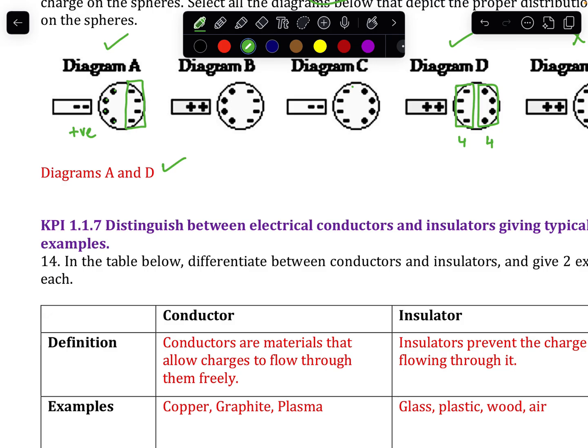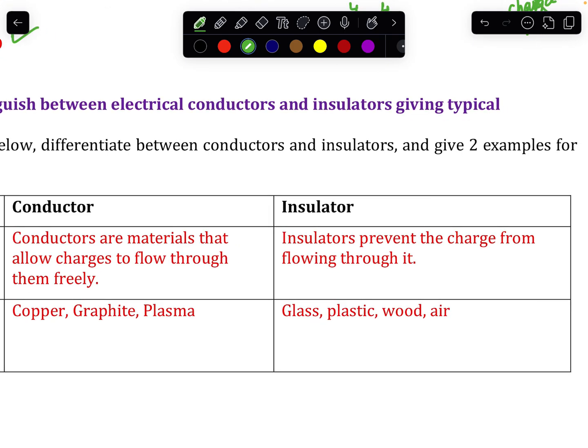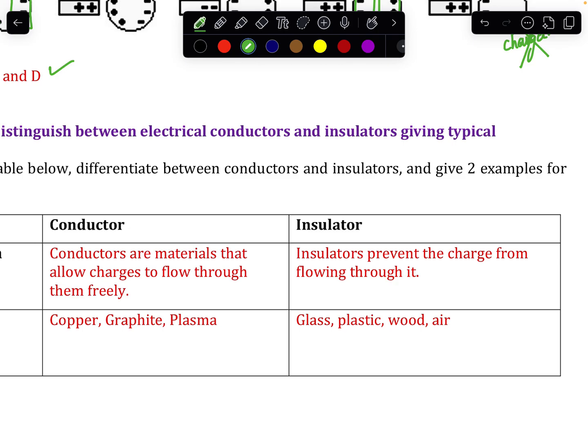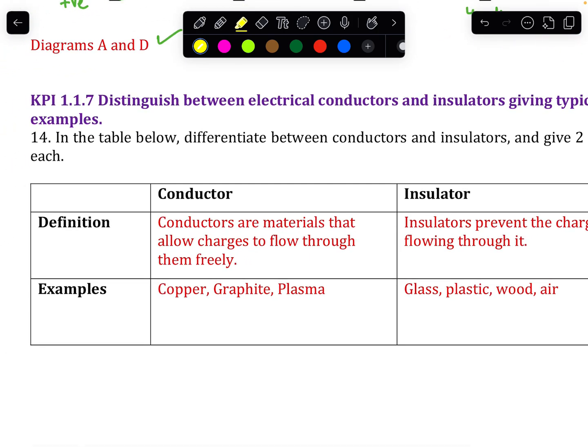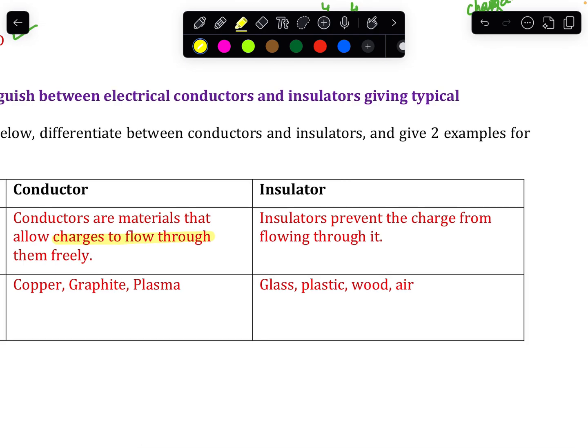Now to differentiate between conductors and insulators and give examples. Examples of conductors are any metal, including, let's say, plasma and graphite. Insulators, to be very simple: plastic, wood, air. The major difference between conductor and insulator is that in a conductor we have charges that can flow freely through the material, whereas insulators prevent the charge from flowing through.